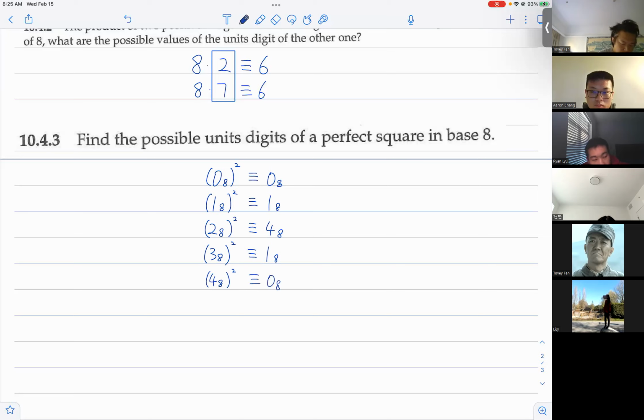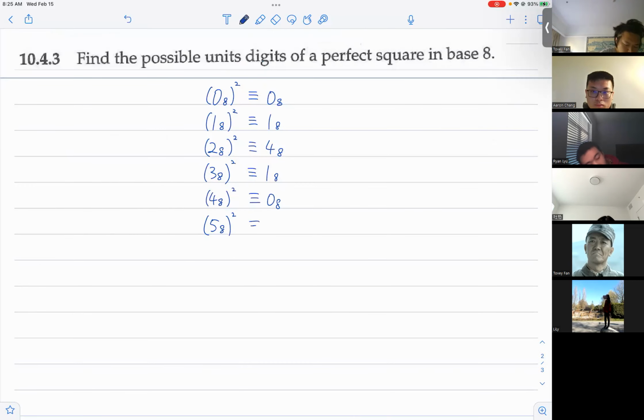Then 5 squared. 5 squared is 1. 6 squared is 4. Then 7 squared is 1. Yeah, good. Very nice. Okay, so all the possible unit digits are 1, 0, 1, and 4, right?